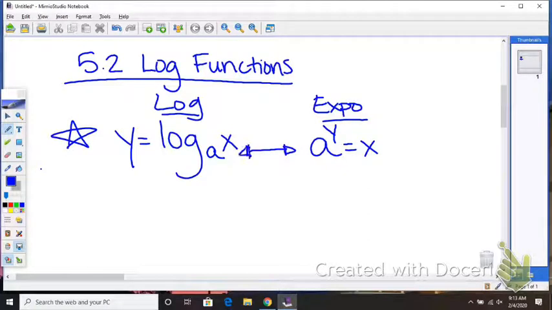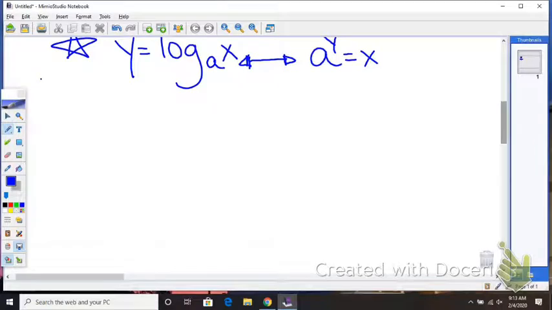They are inverses of each other. And when we get to solving log and exponent equations, you're going to have to use the other form. So this is log form. The other form is exponential form. They interchange with each other. Okay, we're going to use this to start solving logs. Does the A stand for base in both of them? Yeah.